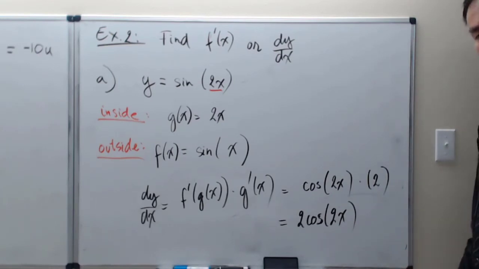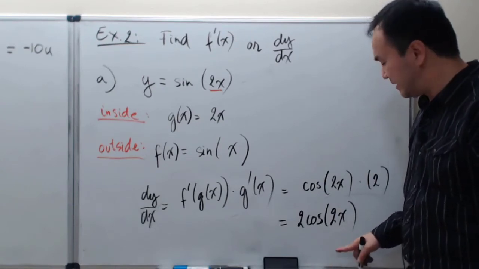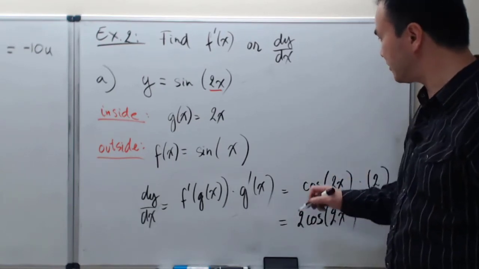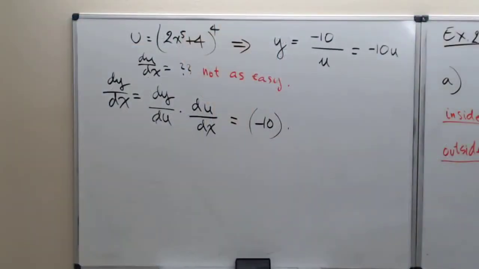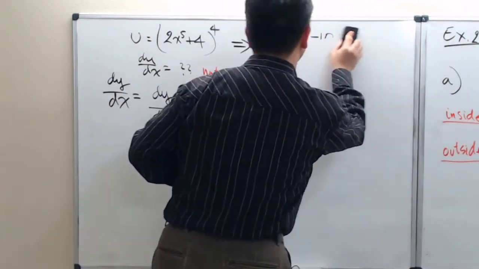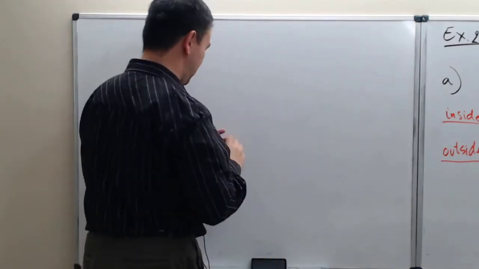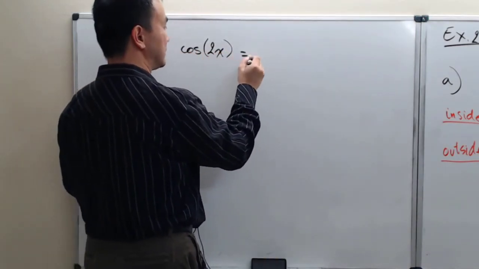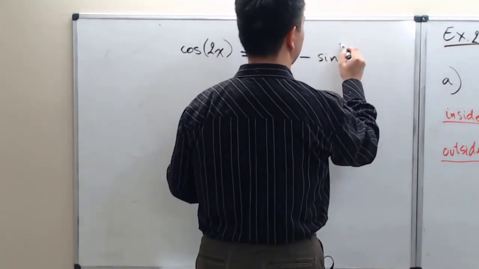Wait a minute, does this look like the answer we had in the other solution? It doesn't, but it is the same. Recall the trig identity that cosine of the double angle 2x is cosine squared of x minus sine squared of x.